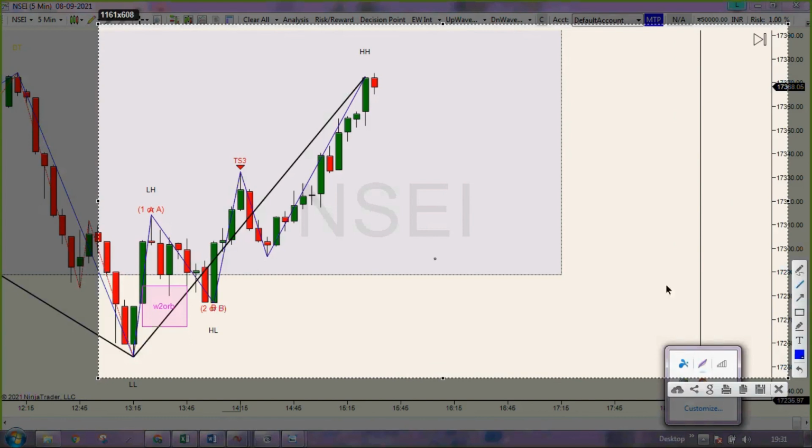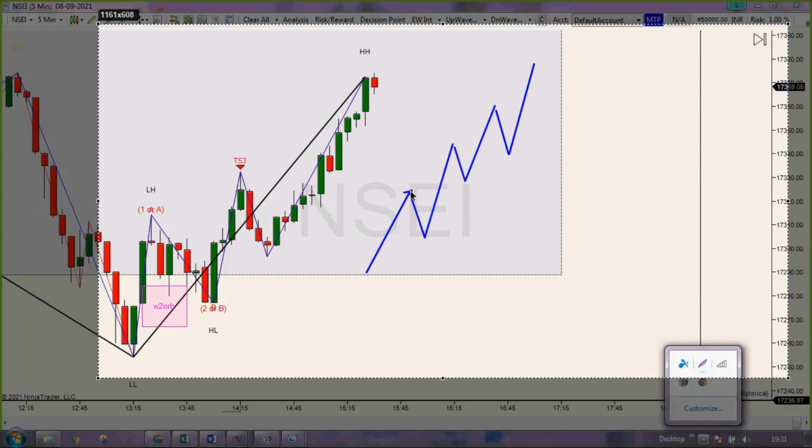Simple. You just need to understand. If the market is continuously making peaks, meaning highs, this is a high, this is a higher high, and this is a higher high and higher high. Compared to this one, this is a higher high.